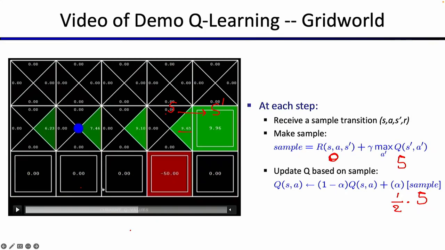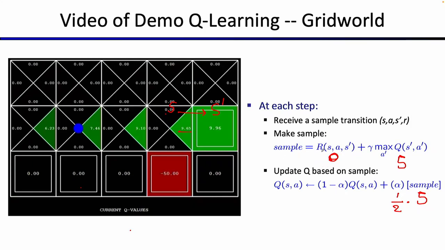But yes, question. Does a sample always count as a sequence of actions from start to a terminal state? The question is, does a sample count as a sequence of actions from start to terminal states? Samples need not be successive.